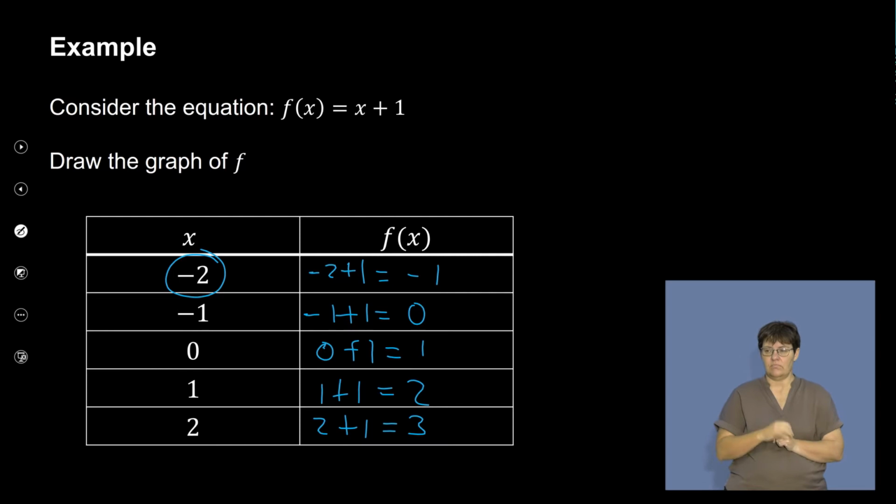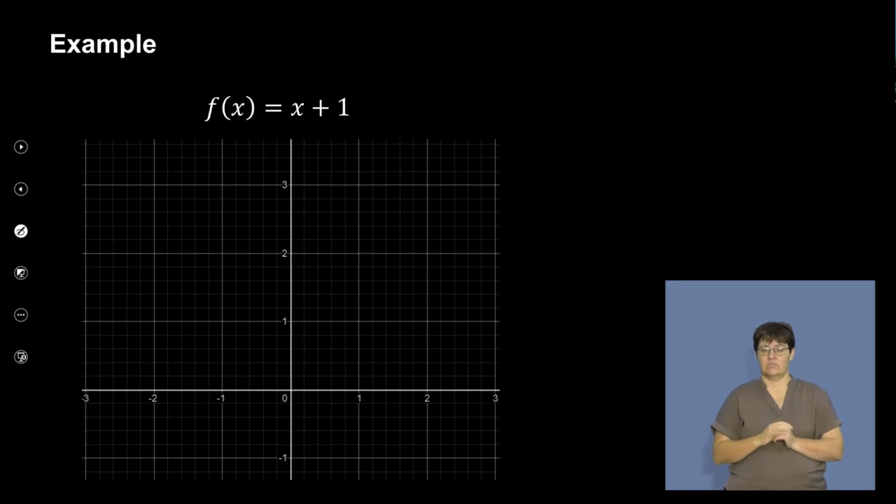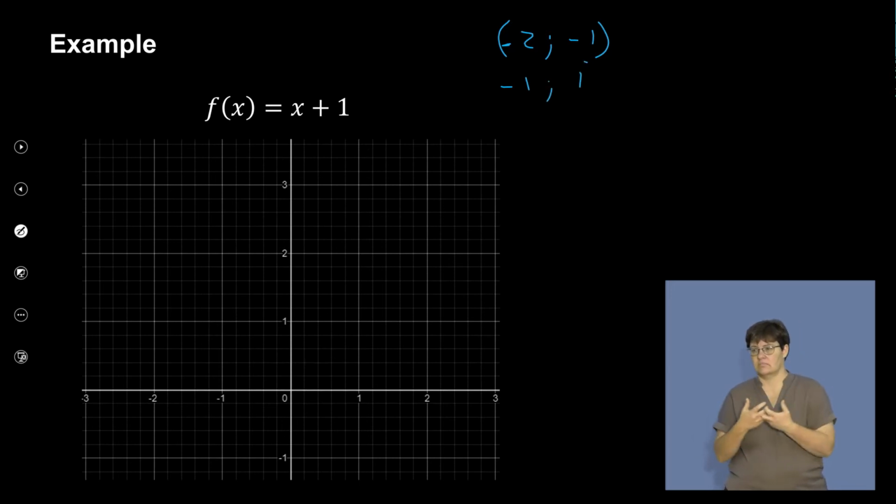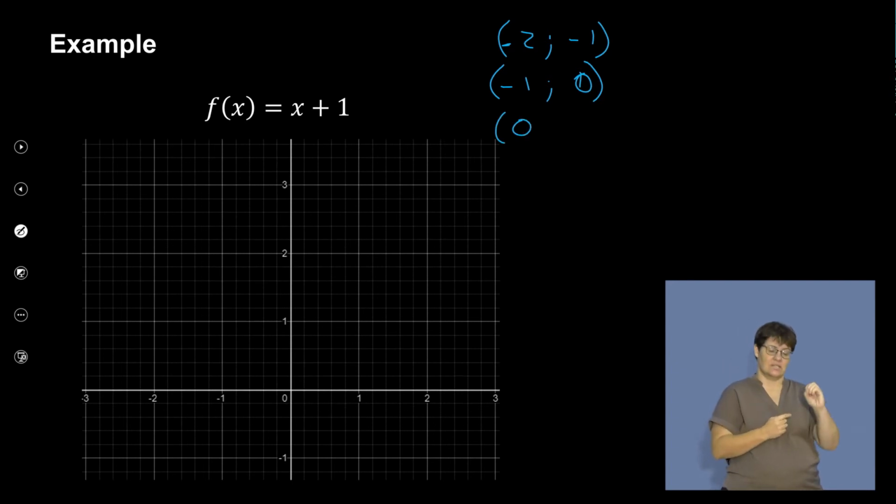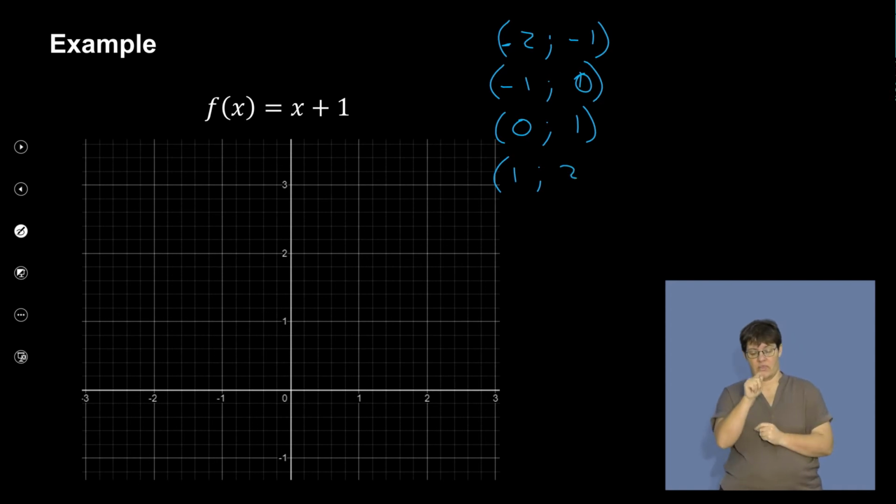So my y values are -1, 0, 1, 2, and 3. So I'm just going to write those values here. Remember we said -2 goes with -1, -1 goes with 0, 0 goes with 1, 1 goes with 2, and 2 goes with 3, right?